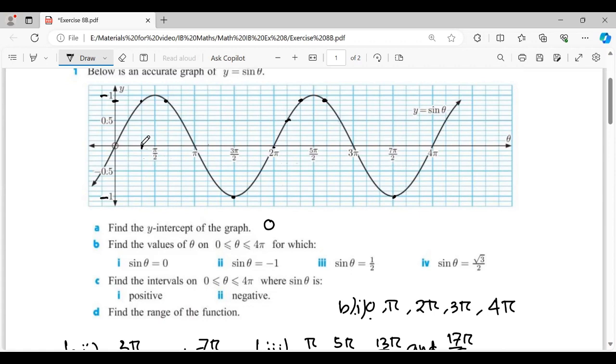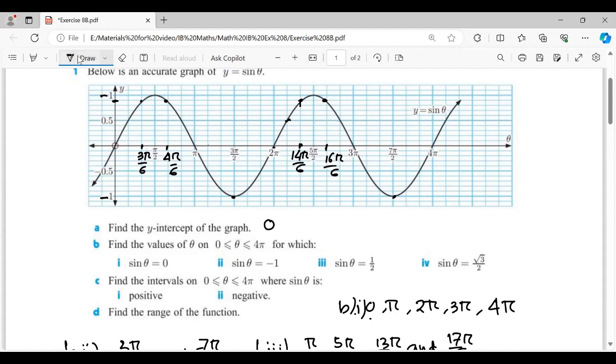This is 3 pi over 6, this is 4 pi over 6, and this one is 14 pi over 6, this one 16 pi over 6.